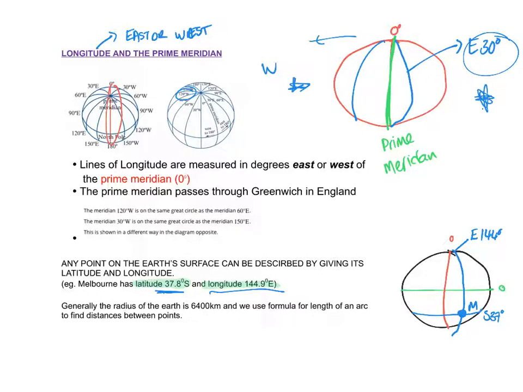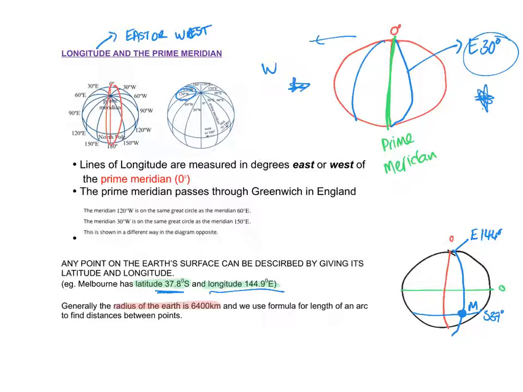The other thing that's going to become a big factor, but they will generally state it in every question, is that the radius of the Earth is 6,400 kilometres. That's the generalised radius. It's probably a little bit different.